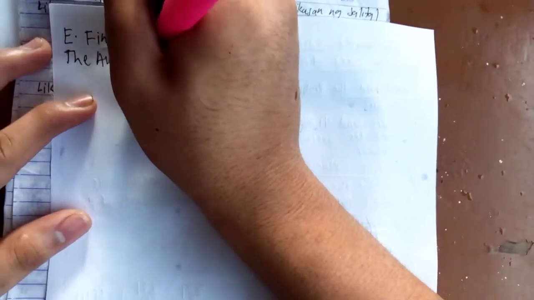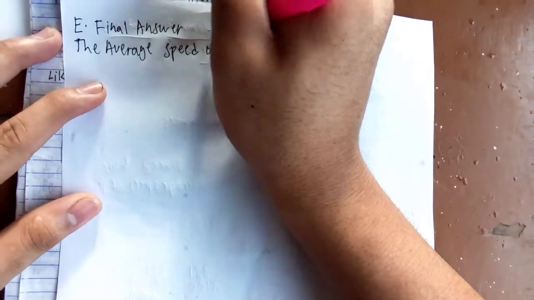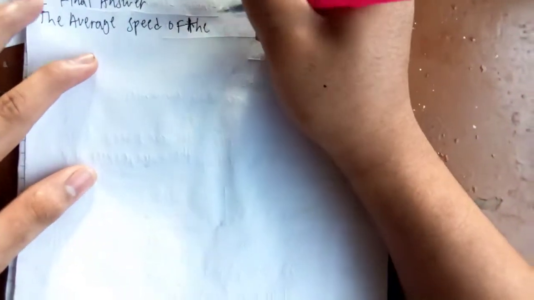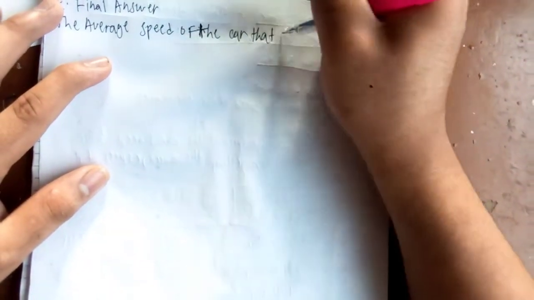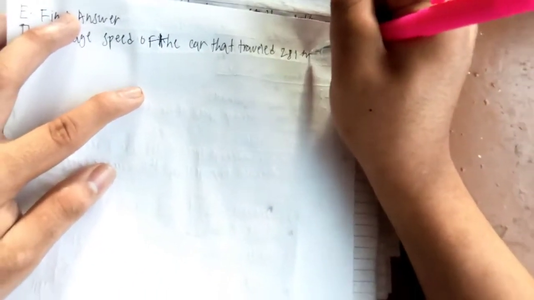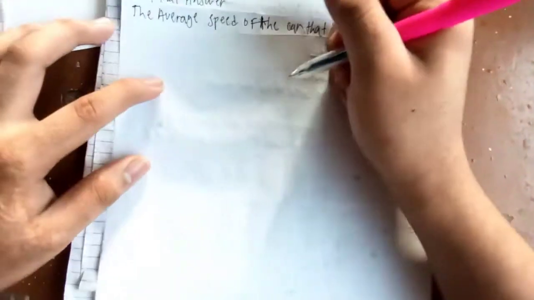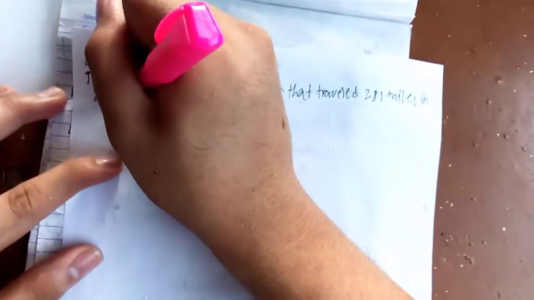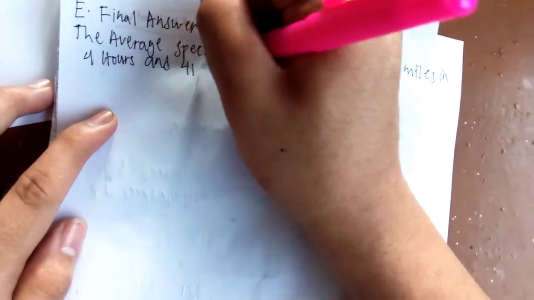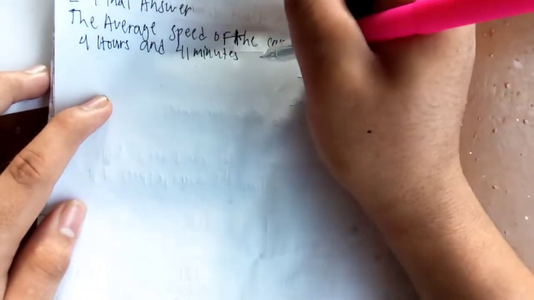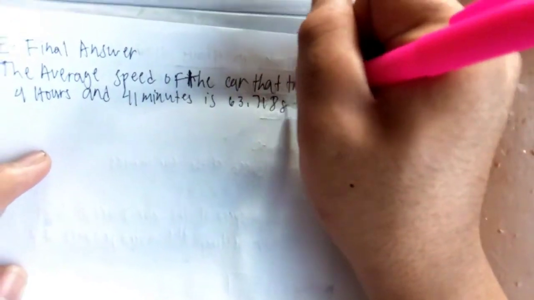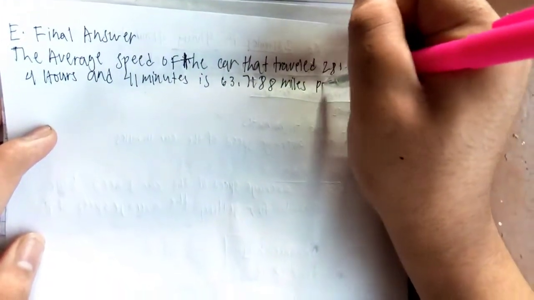The average speed of the car that traveled 281 miles in 4 hours and 41 minutes is 63.7188 miles per hour.